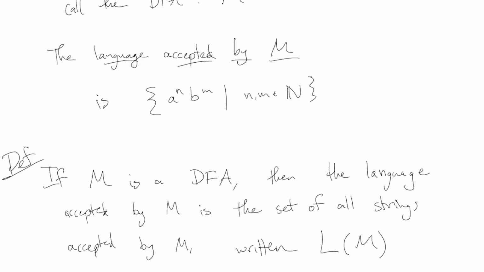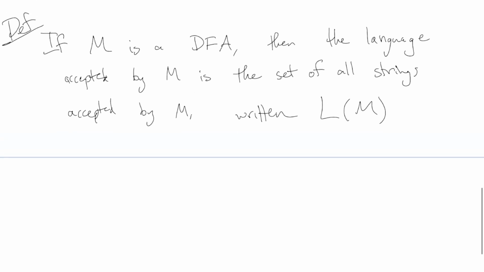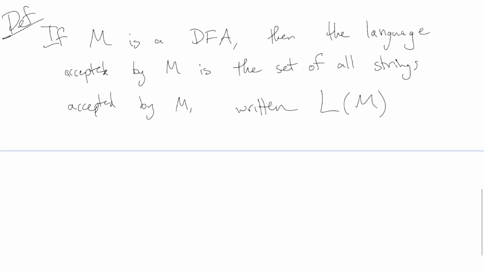And here's a bit of terminology that will be very important. We're going to use this terminology all the time. Any language, remember, just means any set of strings. So you could imagine there are many, many different languages.